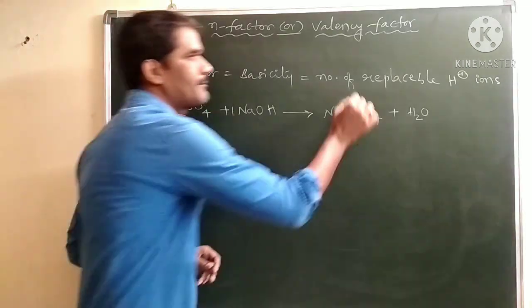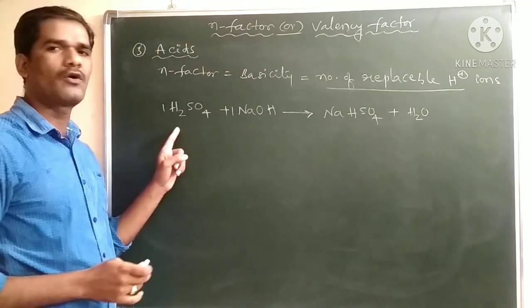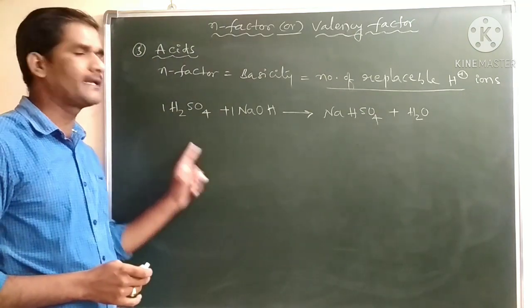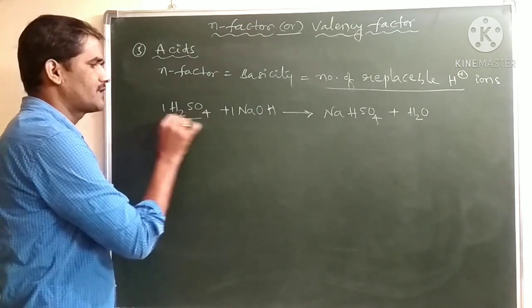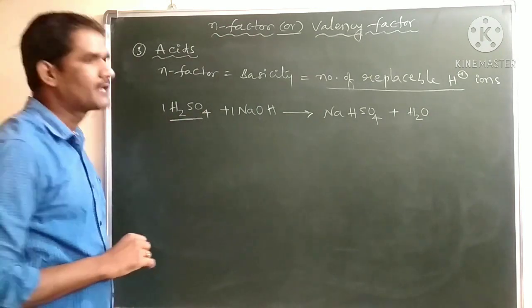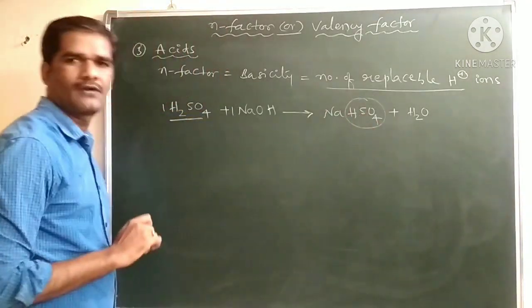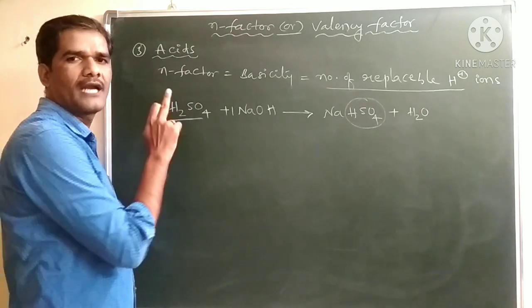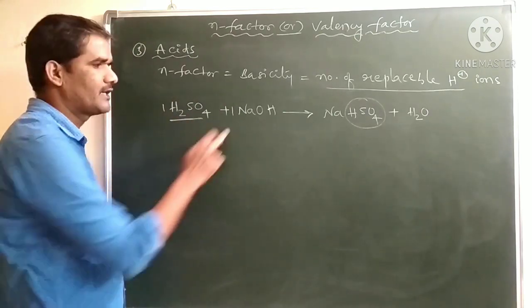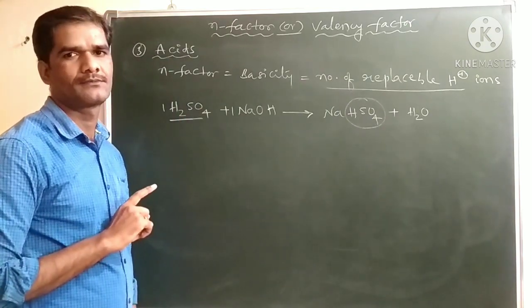Basicity, that is, the number of replaceable H plus ions. Now you have to check how many H plus ions are replaced in this reaction. Initially we have 2 hydrogens in H2SO4, but in the product only 1 hydrogen atom is replaced by sodium, not 2 hydrogen atoms.